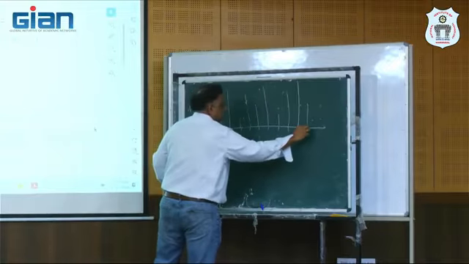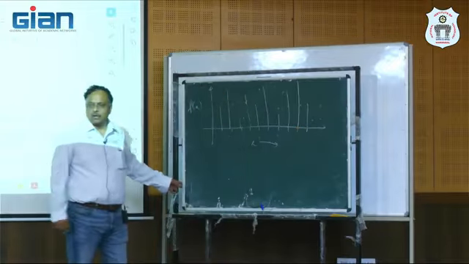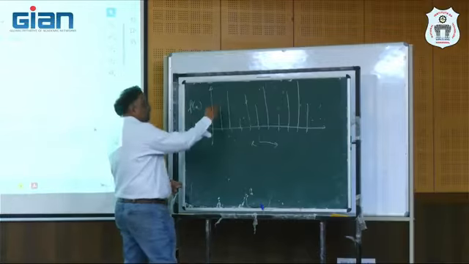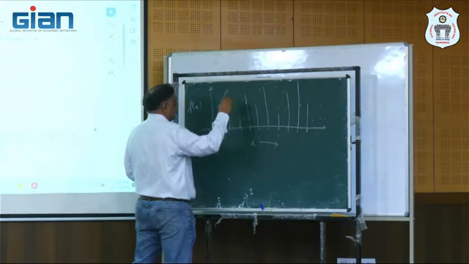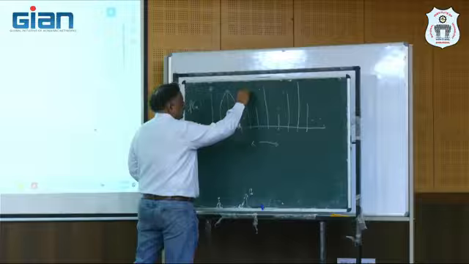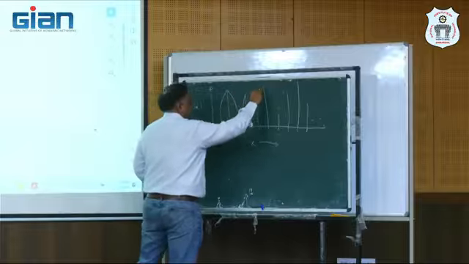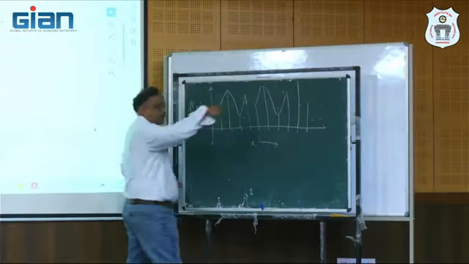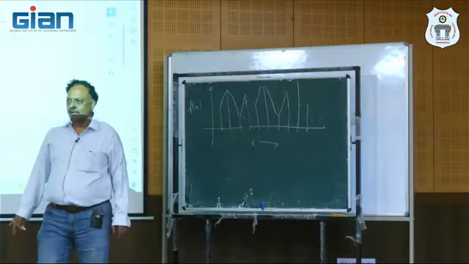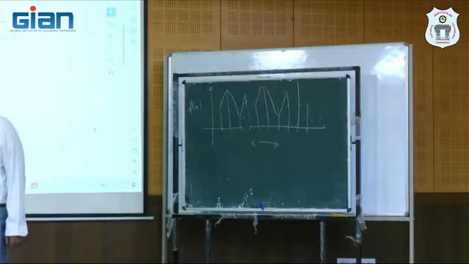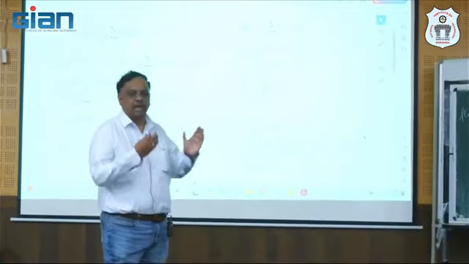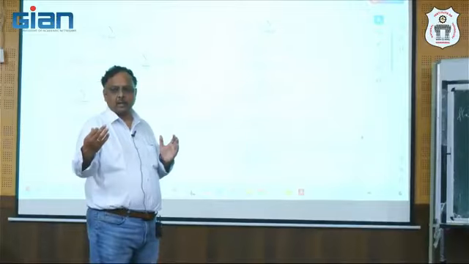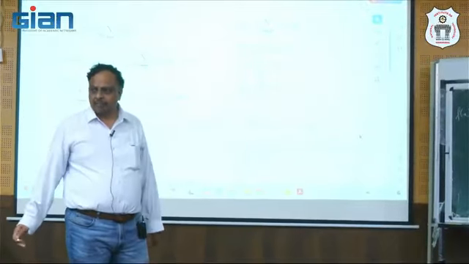Then we say it is a periodic function. There is a periodicity. Agreed? So the function has certain values and then we do a translation and then those values repeat. That is the periodicity.